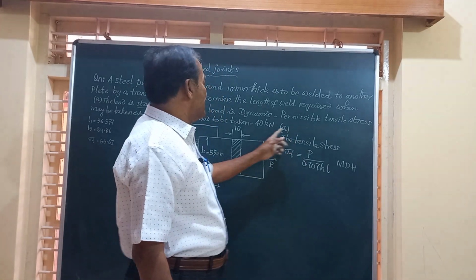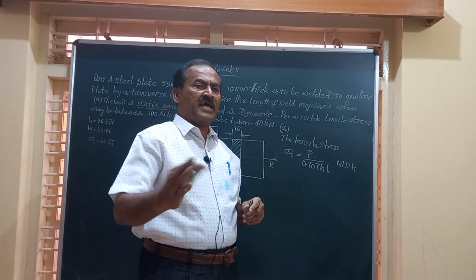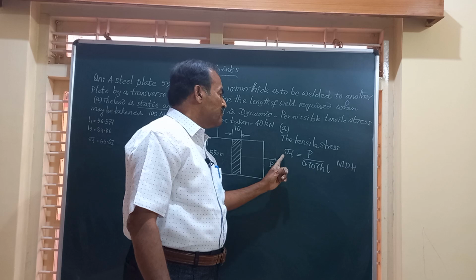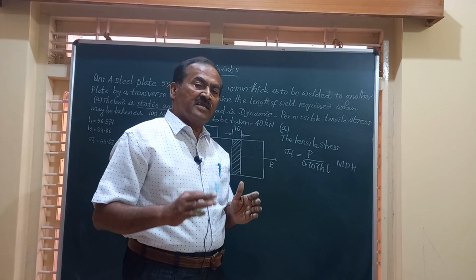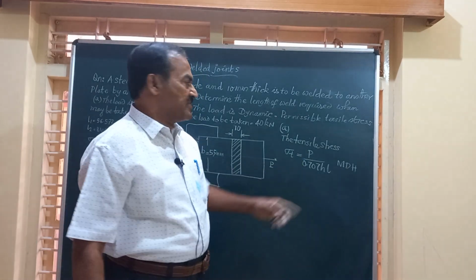I am considering case 1 when the load is static. Both for static and dynamic loads, we make use of the same formula, but the value of the sigma t will be sufficiently lesser in case of dynamic load. I will take up that case separately.